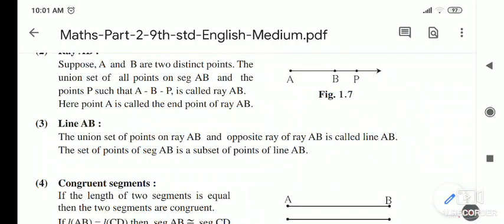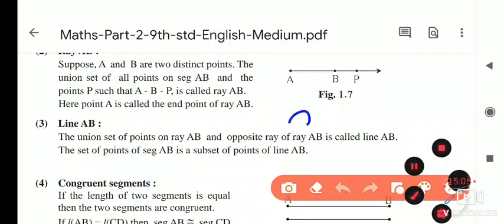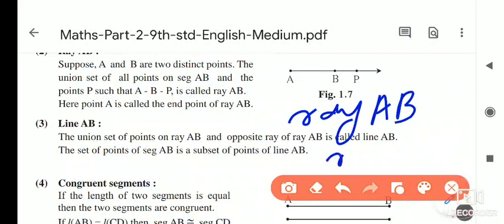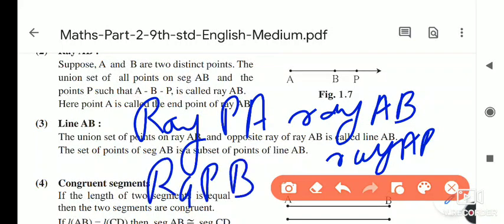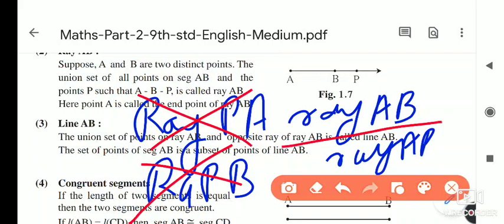So whenever we read it, we say ray AB, otherwise ray AP. But if you read ray PA, otherwise ray PB, then this is wrong. We have to always read it from the starting point. So these two are the correct ones.